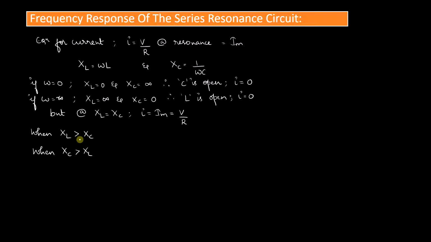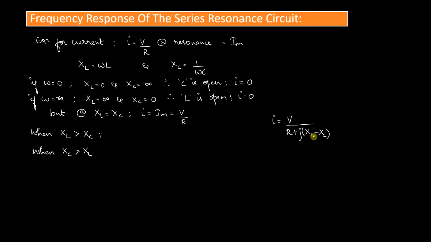So when XL is greater than Xc, if you look at the expression for current, we have it as I equal to V by Z, or in terms of resistance and in the presence of inductor and capacitor, it is V by R plus j(XL minus XC).